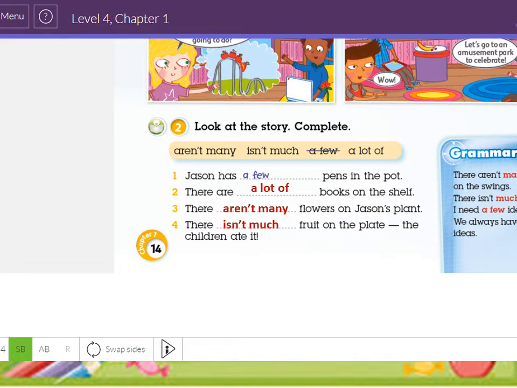Okay guys, so now we are going to discuss your student book on page 14. Last meeting I told you to read the story first, and then after that you have to answer exercise 2. Have you read the story, guys?